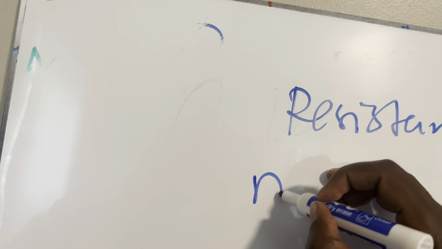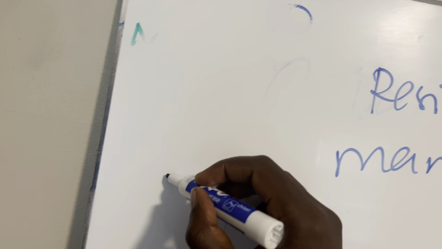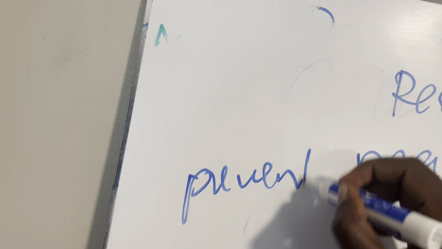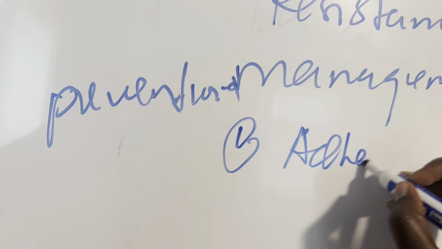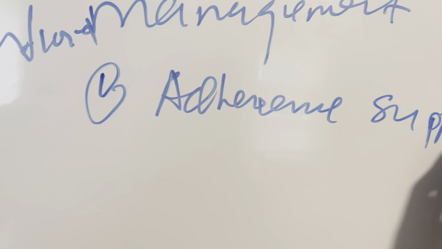So how do we manage and prevent resistance? Let's start with prevention and management. The first one is to improve adherence, adherence support.